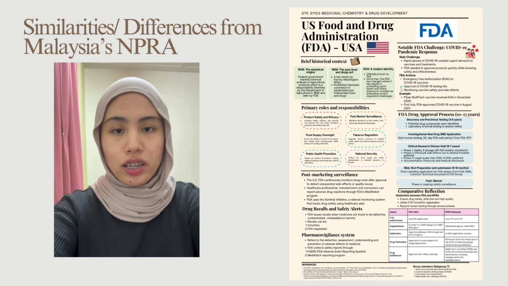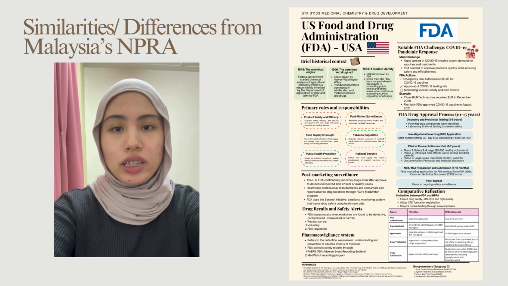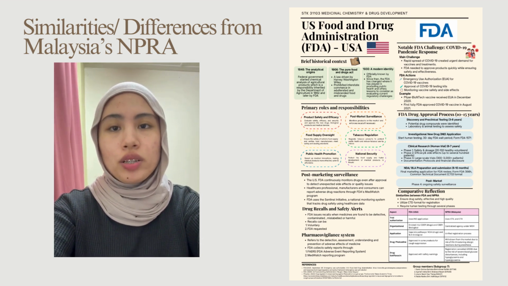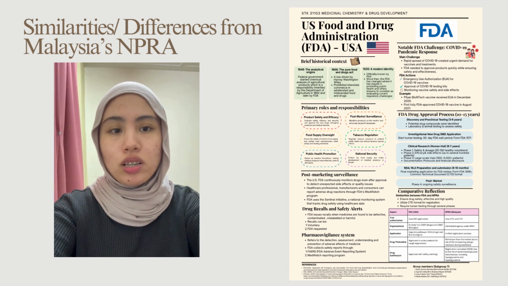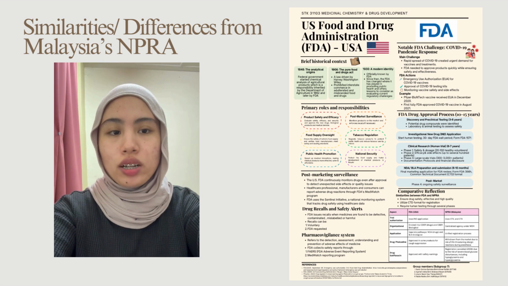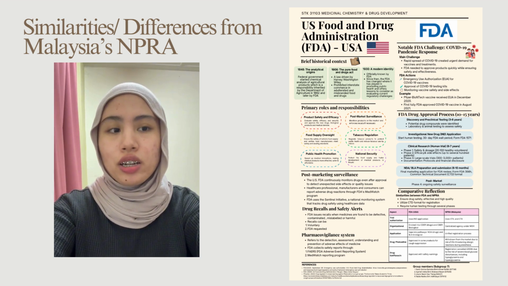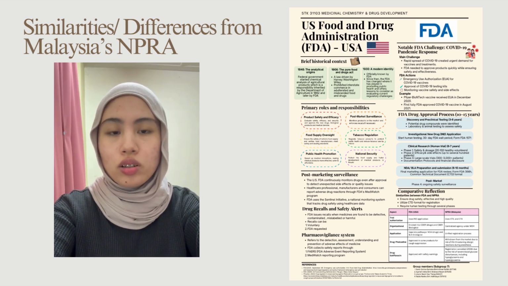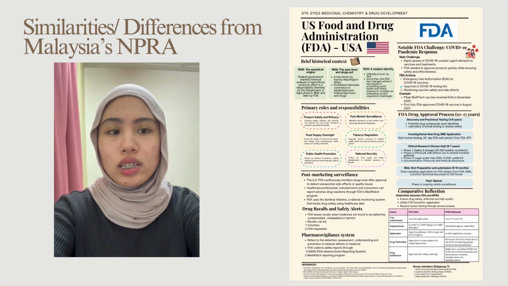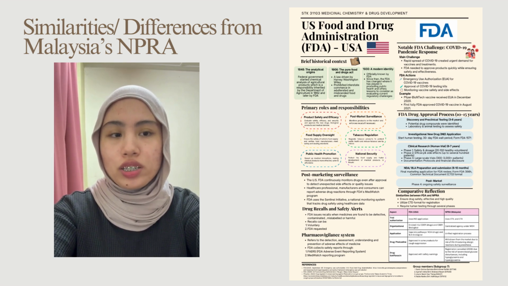Next, how the FDA is similar to or different from Malaysia's NPRA. Starting with the similarities, both agencies ensure that pharmaceutical products are safe, effective, and of high quality before they are allowed on the market. Next, the documentation standards: both agencies utilize the Common Technical Document format for registration.